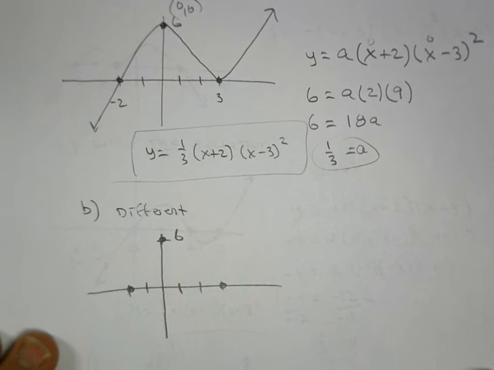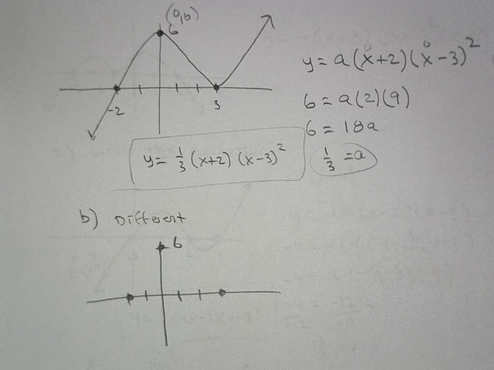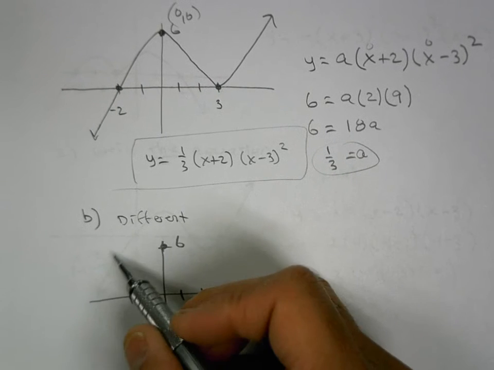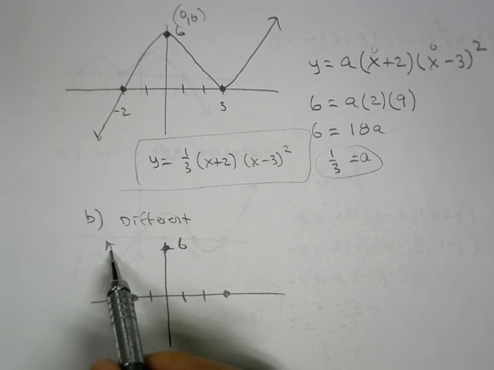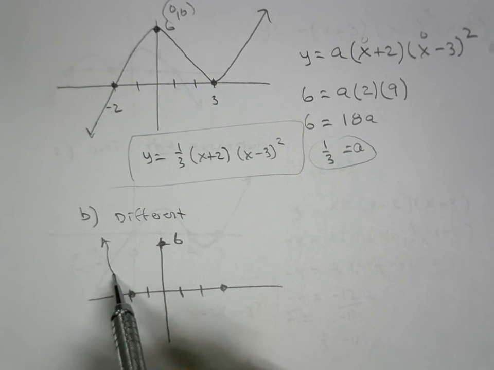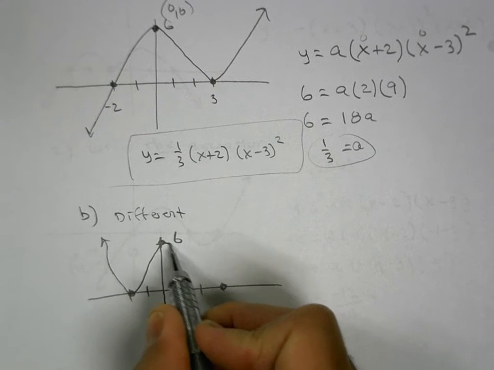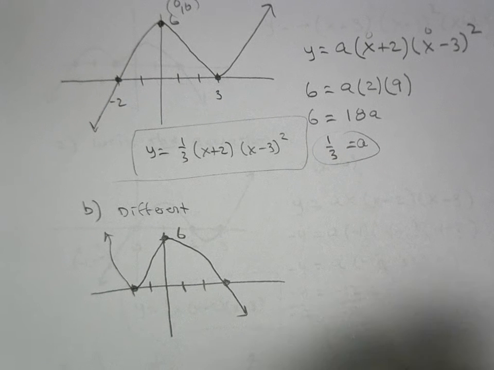Still, it's got to be a cubic equation. Is it possible to graph a different cubic equation that goes through those points? Yes. How is that going to work? Up, then down, like this, and then bounce off. Yeah, we're going to have to bounce, because if we go under, we're not going to hit the 6, right? So I agree, bounce, there we go, and like that. So that's -2, that's 3.